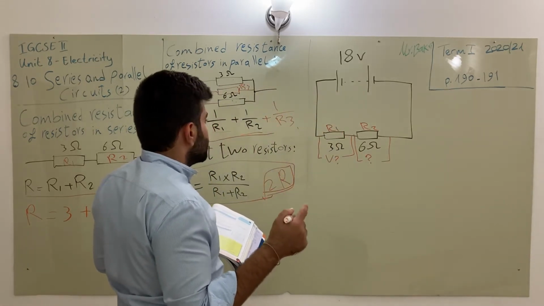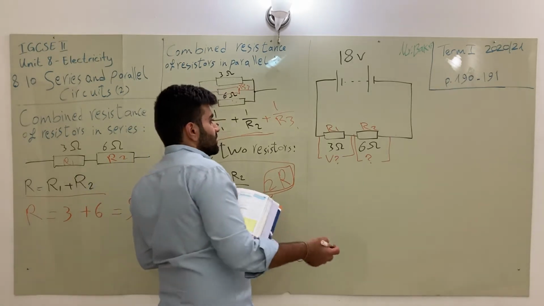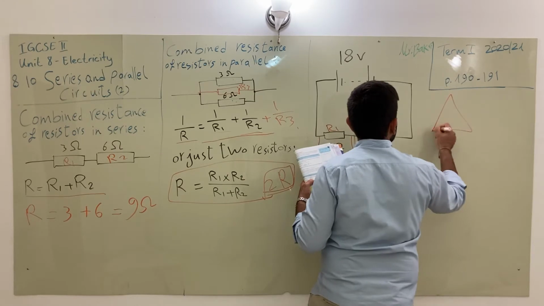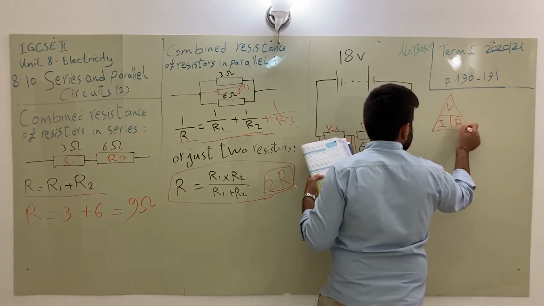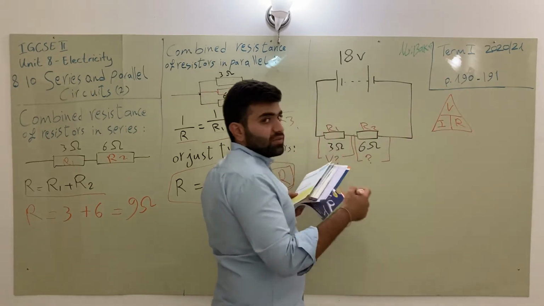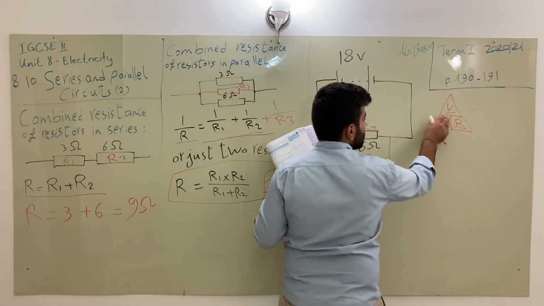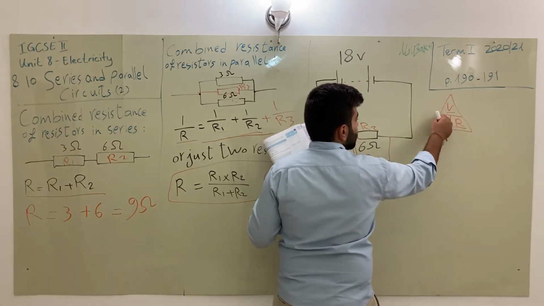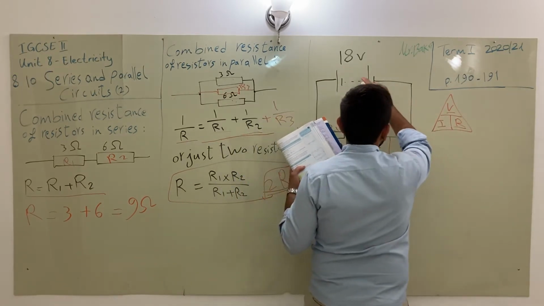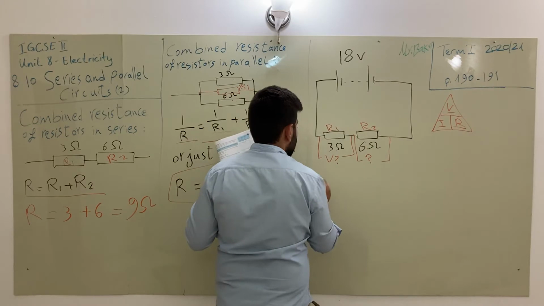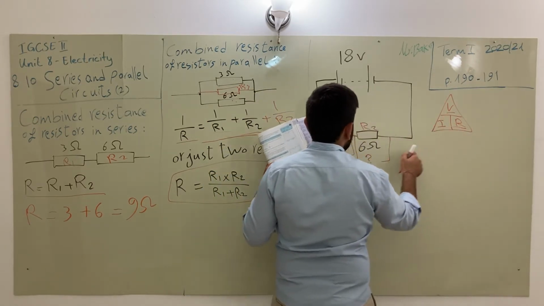First, we need to find what? The current. Remember this? Don't forget it. So if we want the current, that means the potential difference over what? V over R, or V divided by R. So I have the V, it's what? 18 volt. And R is what?